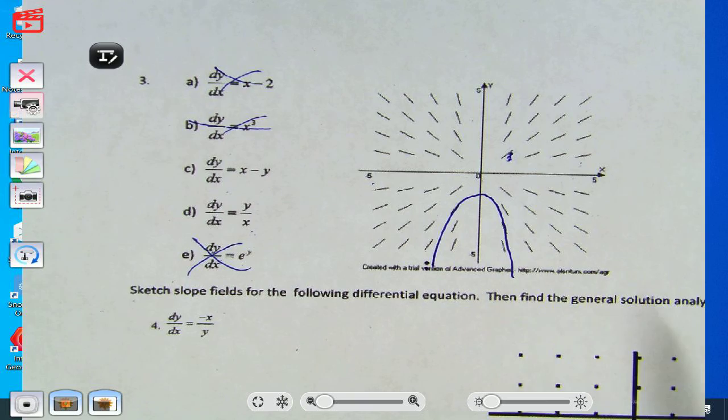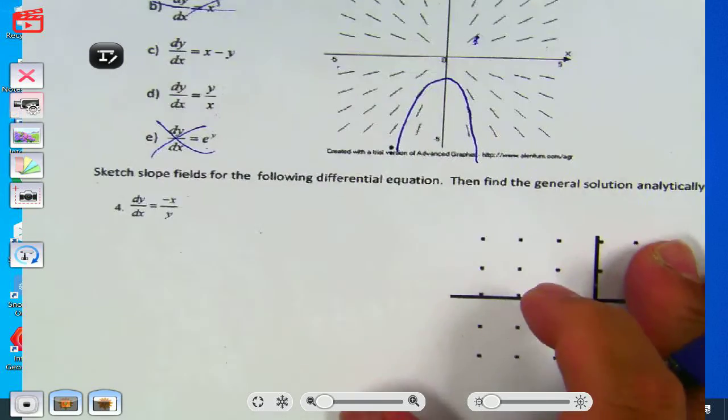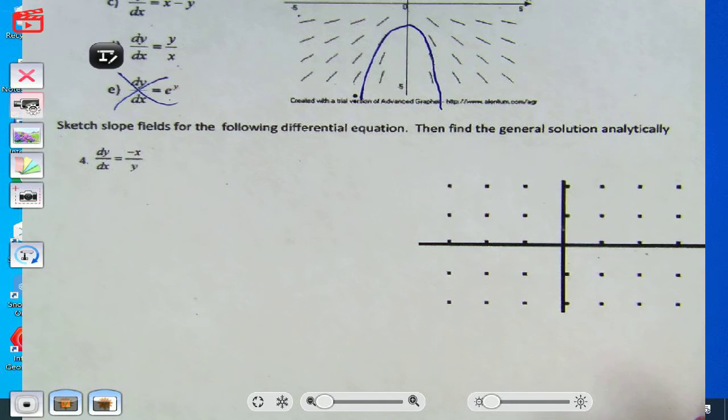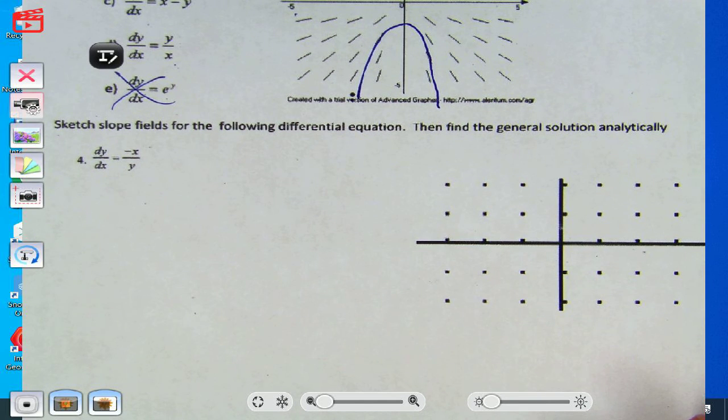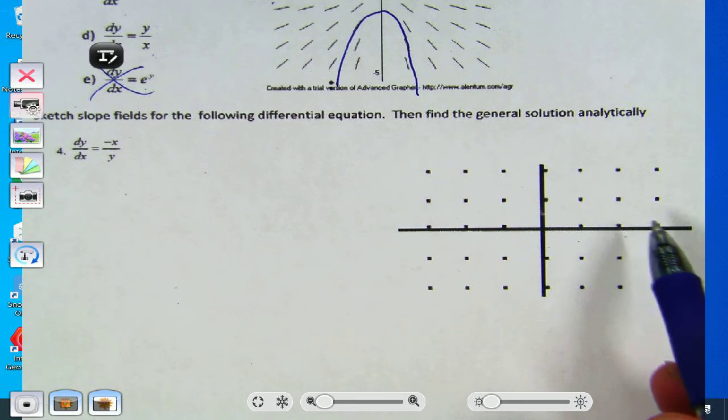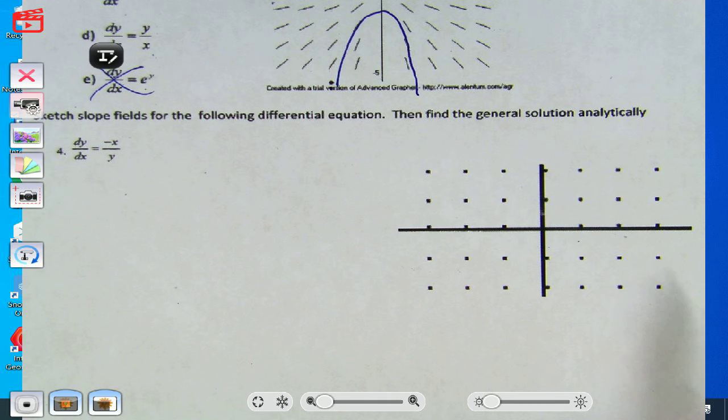Alright. Okay, now we're going to draw the slope field for number 4. Oh boy. What's the box? Negative x over y. So there's a lot of dots. Where is it undefined?